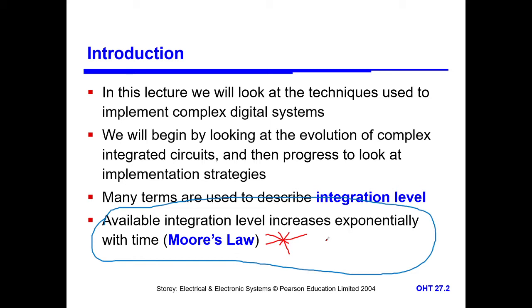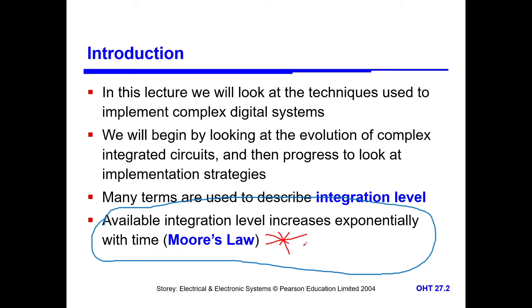Moore's law is nothing but a theory given by Moore that for every 1.5 years, or every 18 months, the size of the transistor would be halved, or the number of transistors in any integrated circuit would be doubled.